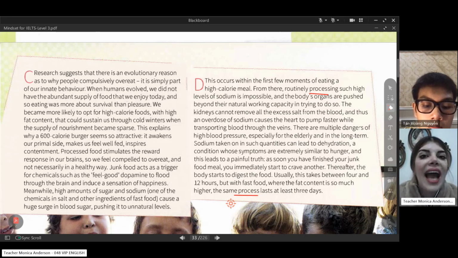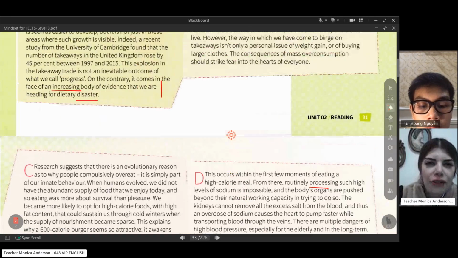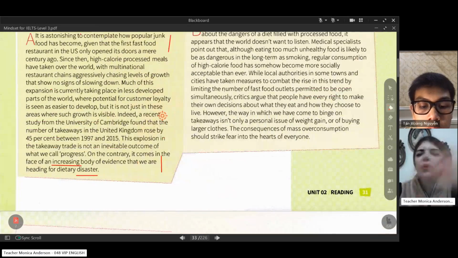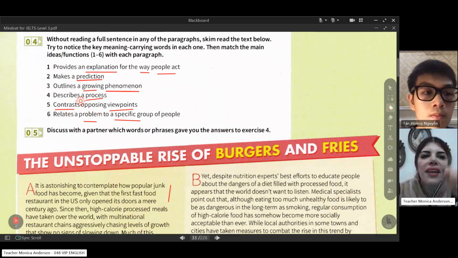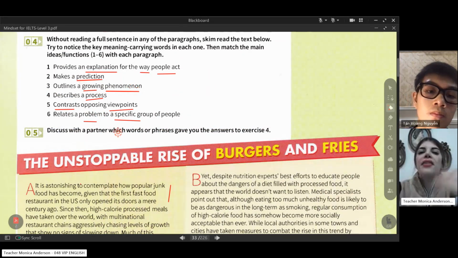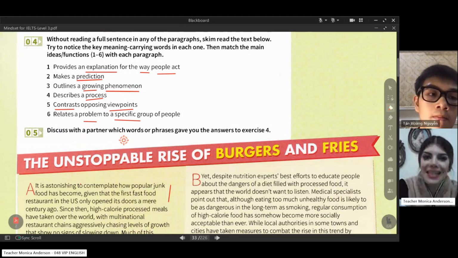As you can see, we have the keywords. Let me help you. When you want to find the answer, first of all, don't read whole paragraphs. Just look for keywords, something like synonyms. Then you can make a guess.